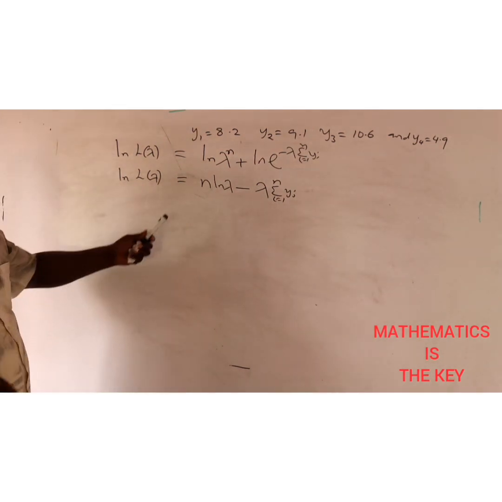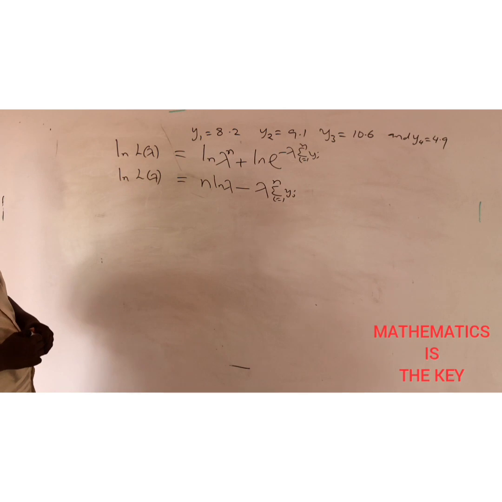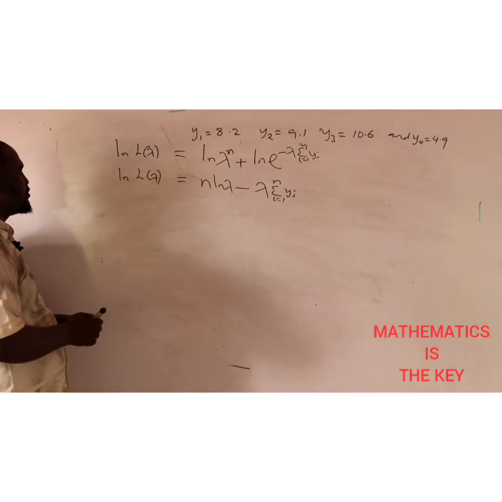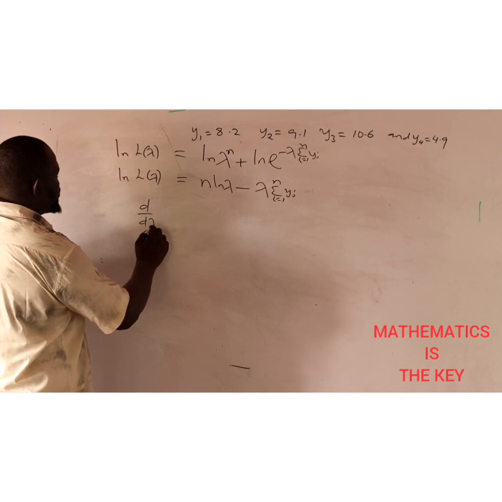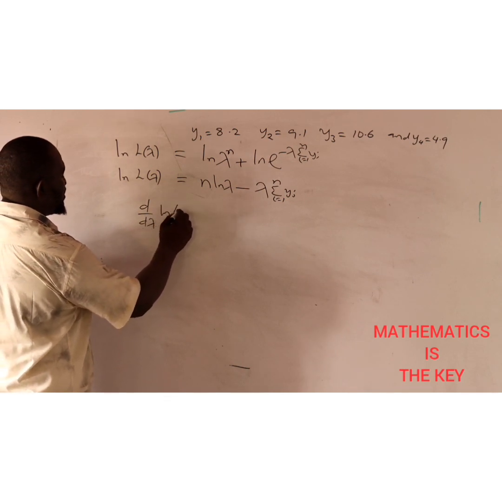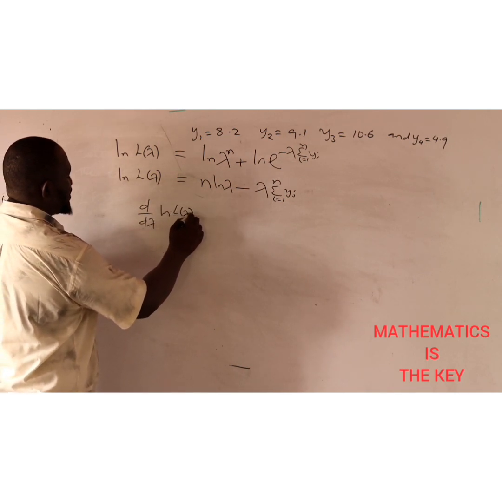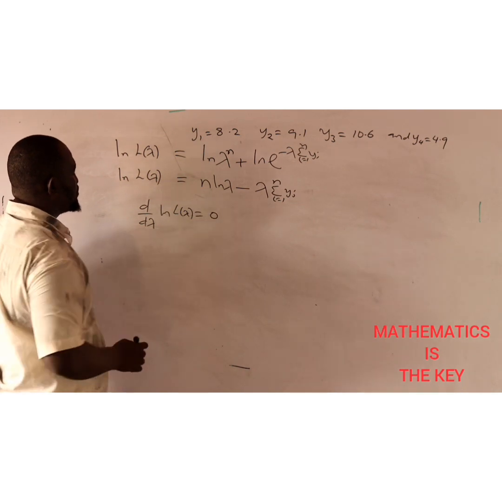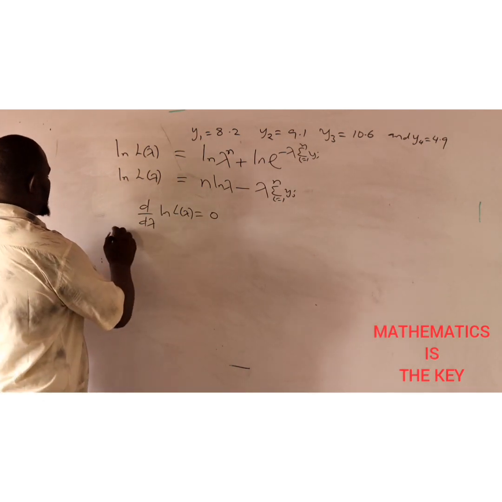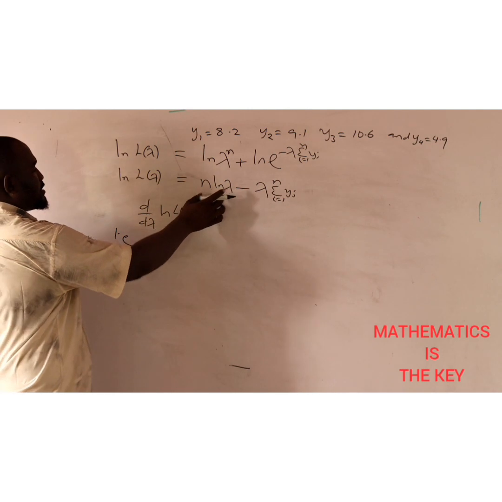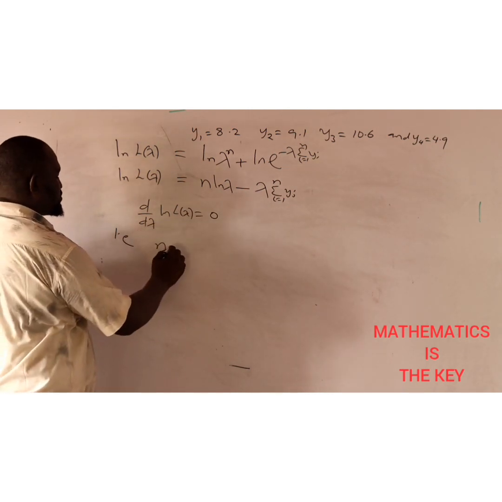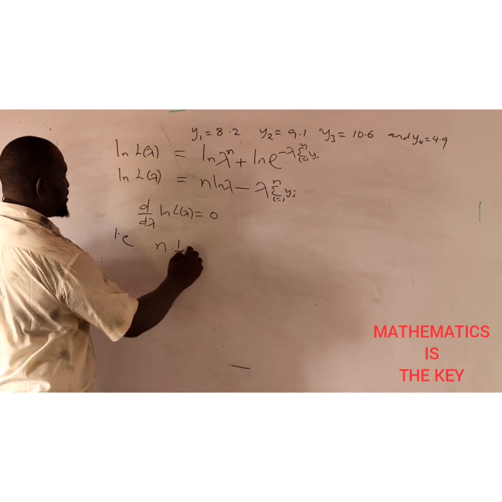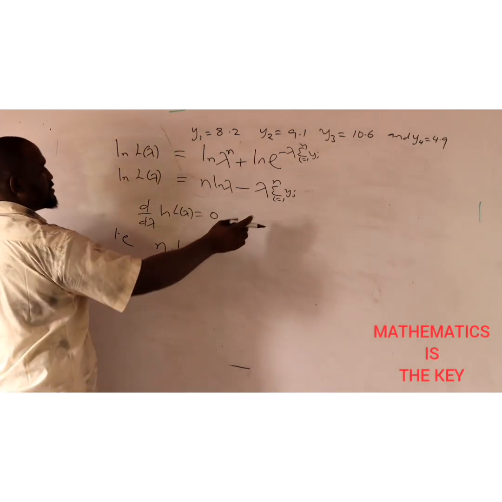So to find the maximum likelihood estimator, we will differentiate both sides with respect to lambda and equate it to 0. Here we are going to have n, and the derivative of ln of lambda is 1 over lambda. We have our minus.